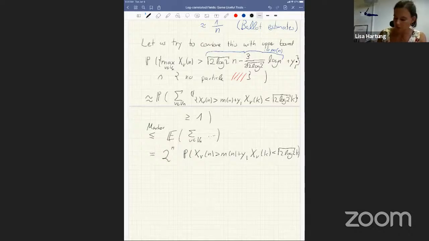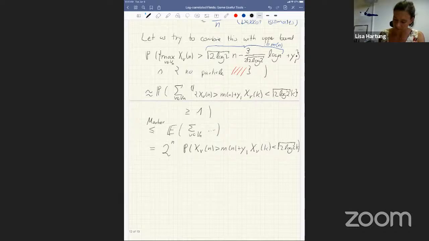Because I can take out the drift here. So what I want to do is I want to take out the linear drift.